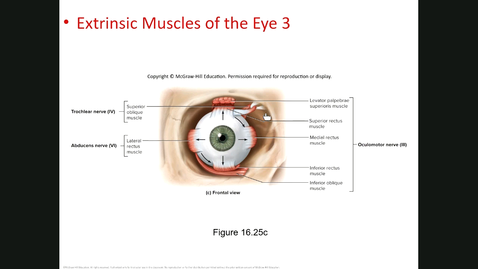Because all of the other muscles, superior rectus, inferior rectus, medial rectus, and inferior oblique, are all innervated by the oculomotor nerve. So you see, remembering the least, abducens and the trochlear nerve, makes you able to remember everything, because all the rest are by the oculomotor nerve. Okay?